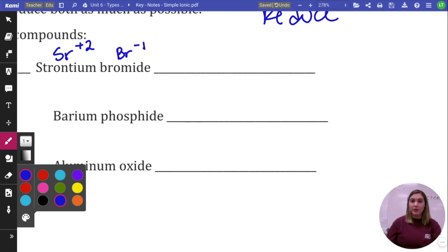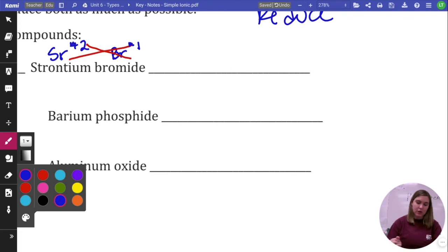So we're going to swap, drop, and reduce our charges. So swap, the 2 from strontium is going to come down next to bromine, and the 1 from bromine is going to come down next to strontium. Drop, positives and negatives no longer matter, and reduce. We can't reduce on this one, so we end up with SrBr2 as our final formula.